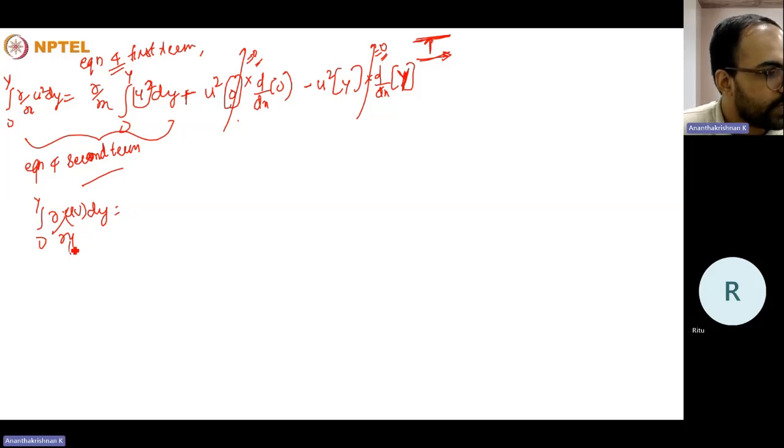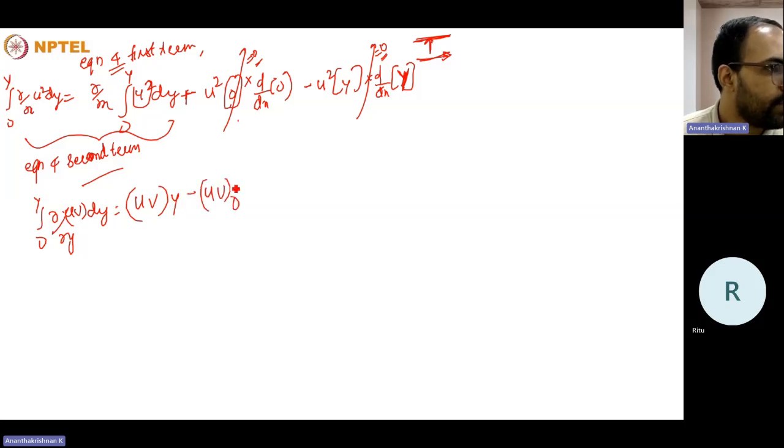So that's very straightforward. It's integration with respect to y, but there it was an integration with respect to y and differentiation with respect to x. We didn't have an option. Here it's straightforward. That will become uv at y minus uv at 0.